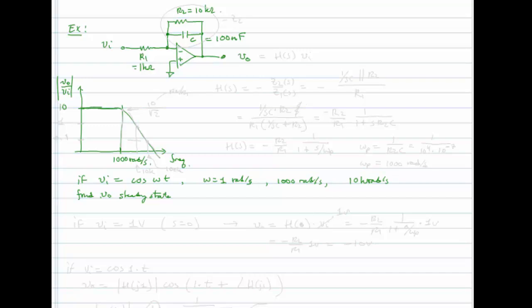Okay, so we already know VO is equal to H of S times VI, where H of S is going to be minus Z2 over Z1.